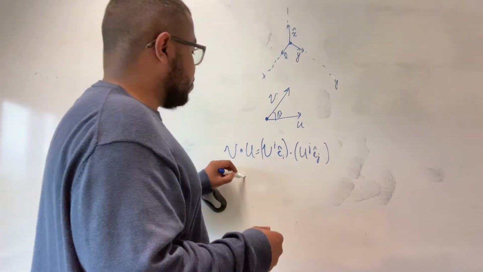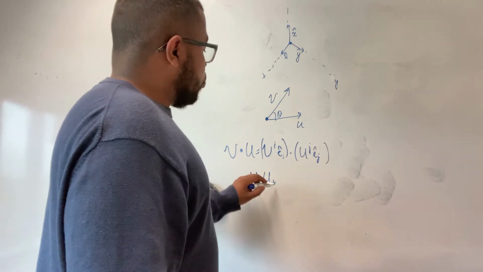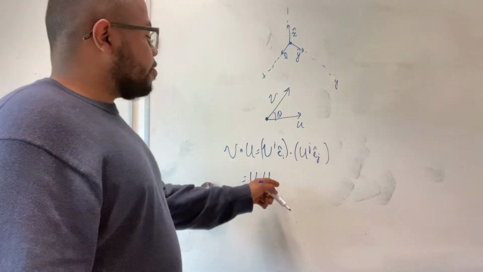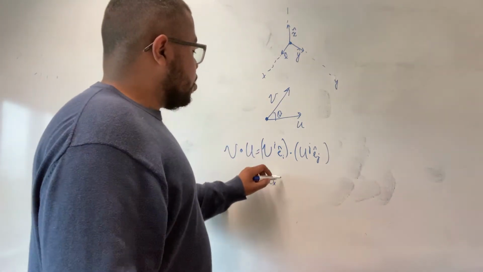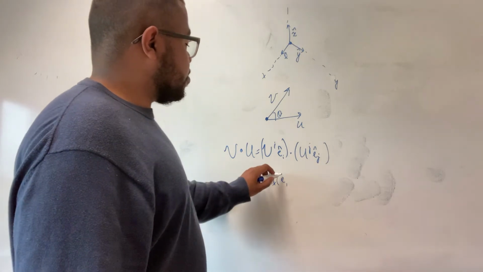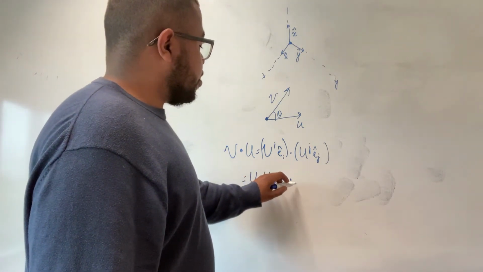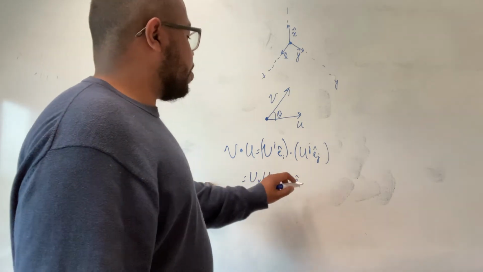So say, for example, Vx times Ux, we also need to multiply this by its corresponding basis vector, which would be E1 for Vx dot E1 for Ux.